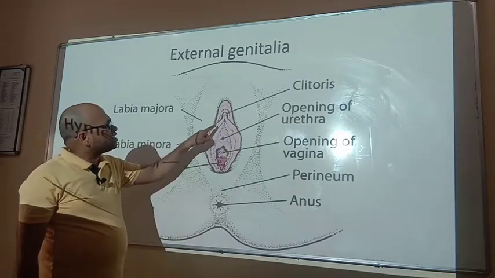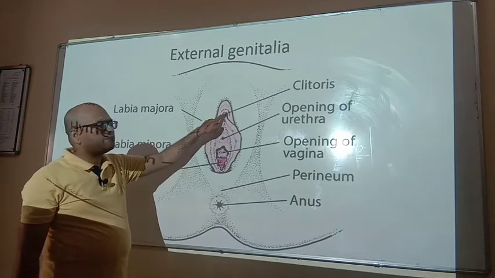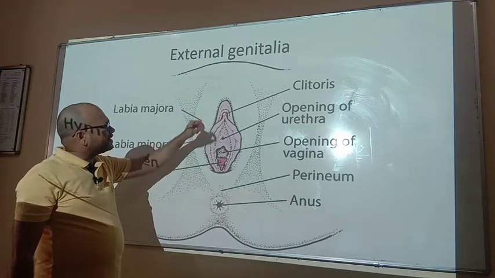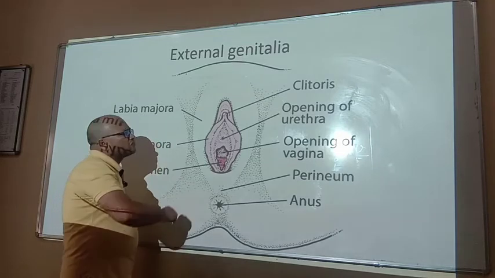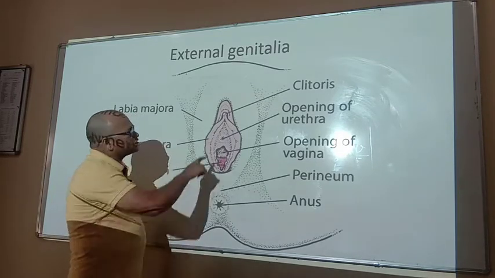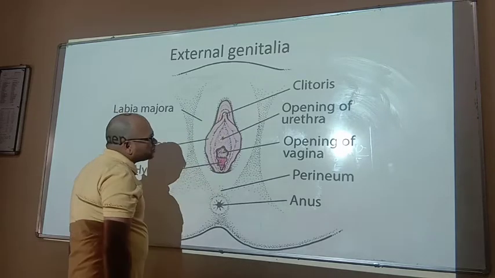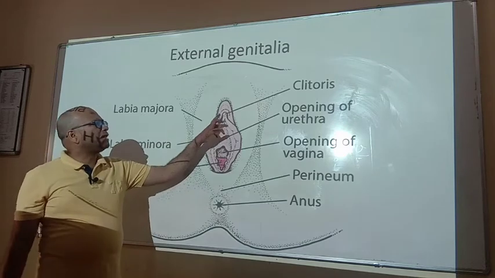At the junction of the labia minora towards the abdomen, a very small pea-shaped structure that is contractile in nature is found. This is called the clitoris. The clitoris is considered the homologue of the male penis.